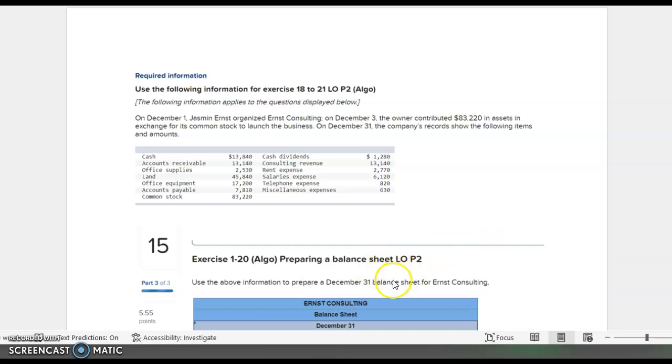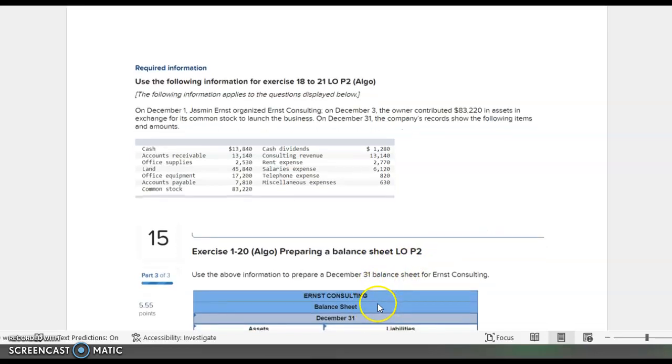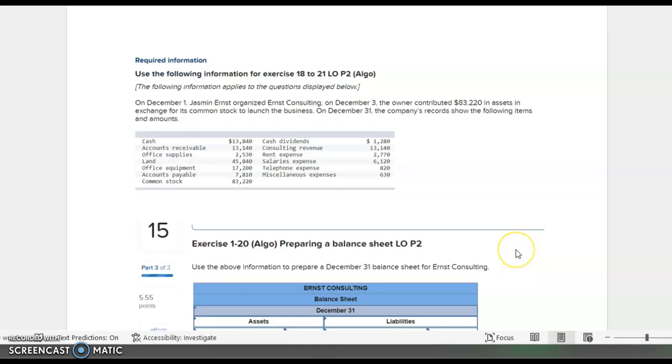So we would label the balance sheet with a date of December 31st, as described in the original problem, on December 31st. These amounts. We would begin our spreadsheet by labeling our assets and liabilities, remembering that on a balance sheet, assets equals the liabilities plus equity.